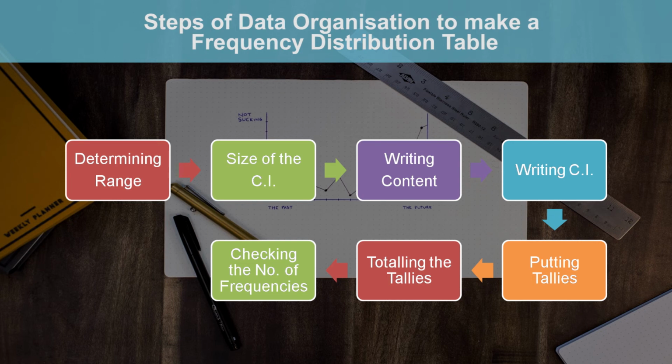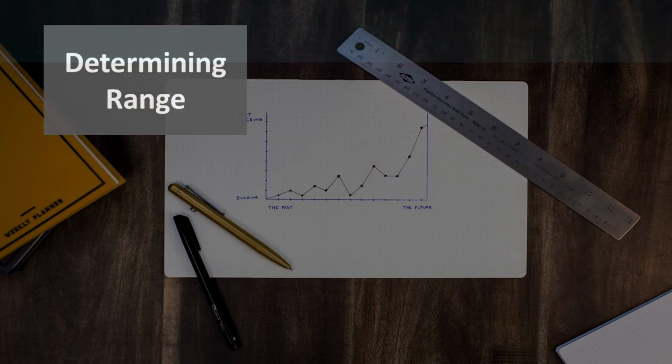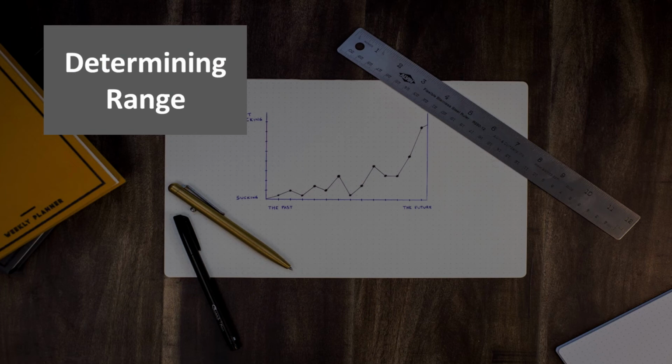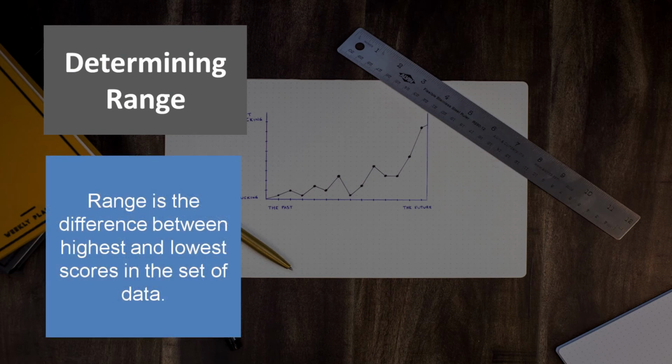Let us go forward to understand how you can prepare a frequency distribution table by using these 7 steps. Here you see the first step is determining the range. So range is the difference between the highest and the lowest score in the set of data.